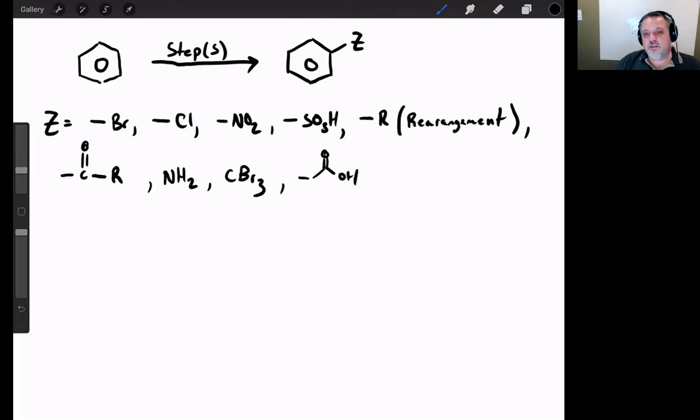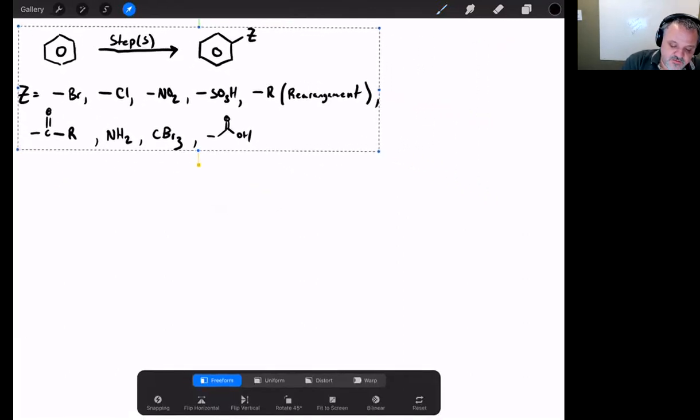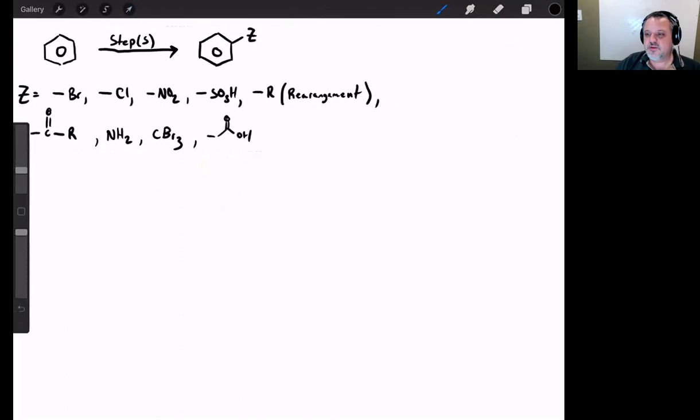So these are all of the groups that we've learned about putting on this ring in 1 or 2 steps from a synthetic standpoint. Those are fairly straightforward. And the reason they're fairly straightforward is because we don't have to really think about any of the directing effects of multiple substituents.